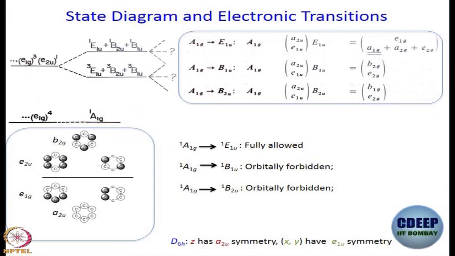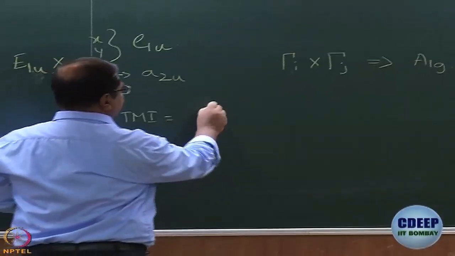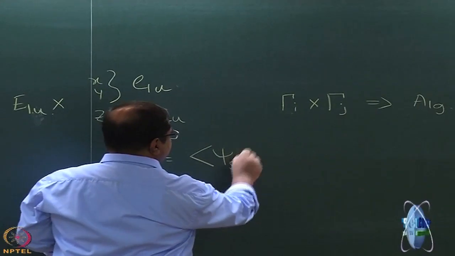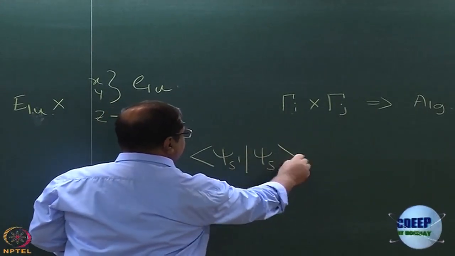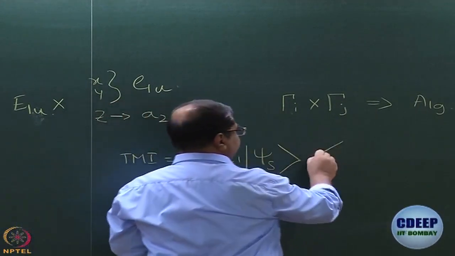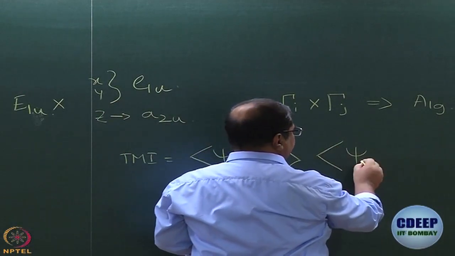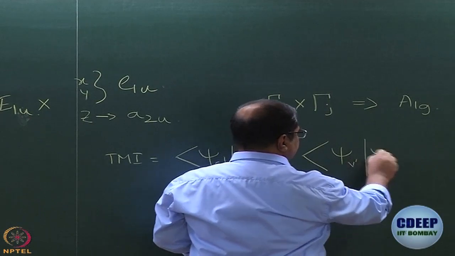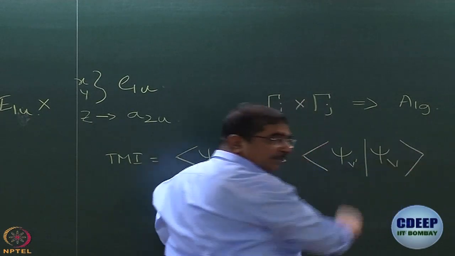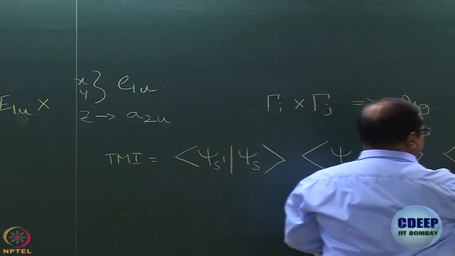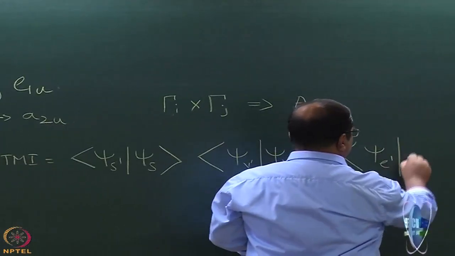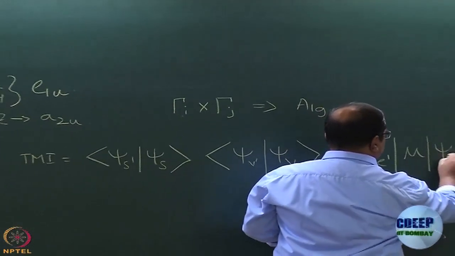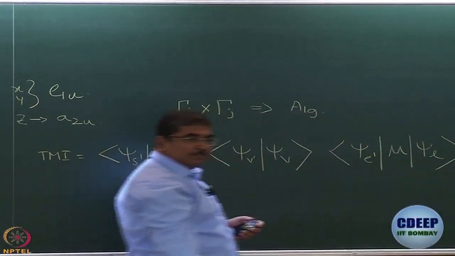We wrote the transition moment integral as psi s dash psi s integrated over all space, psi v dash psi v integrated over all space, psi e dash mu psi e integrated over all space.